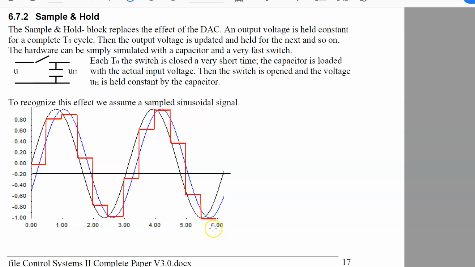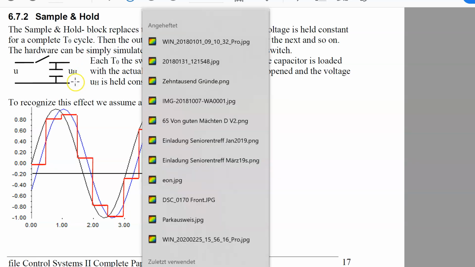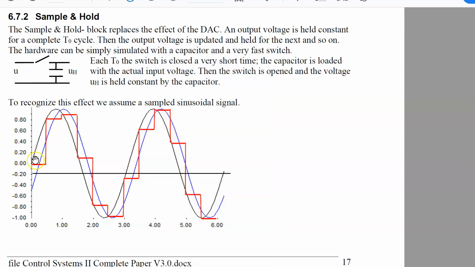I sample with half a second, and the black curve is the input of my switch and capacitor sample and hold block. The black curve goes up and down. Ignore the blue curve at this point. Then the output of my sample and hold is the red curve.